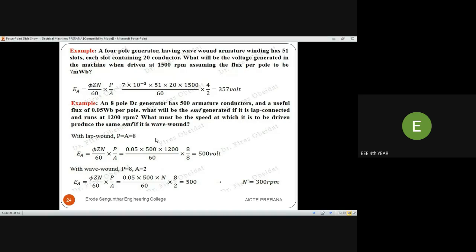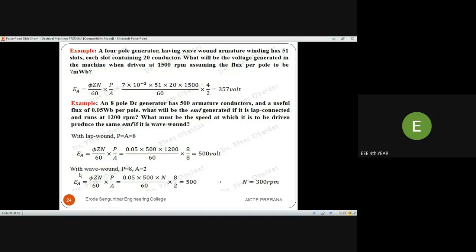It is another problem, a generated EMF equation problem. A simple problem, either lap winding or wave winding. For the same DC generator, we have to determine whether it is lap connected or wave connected. For lap connected, we substitute the number of poles P equal to A, with the given data available in this column.